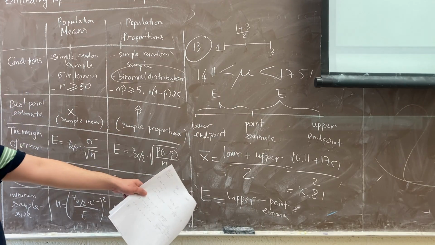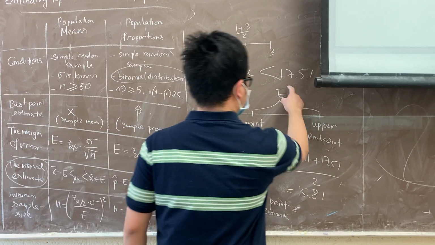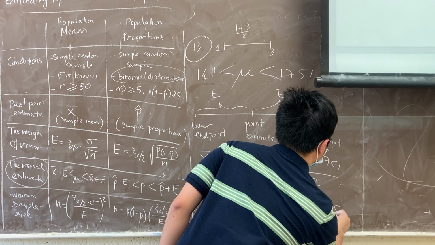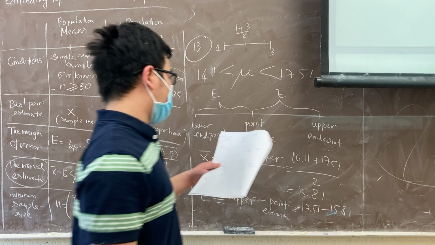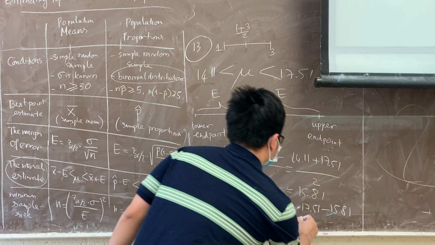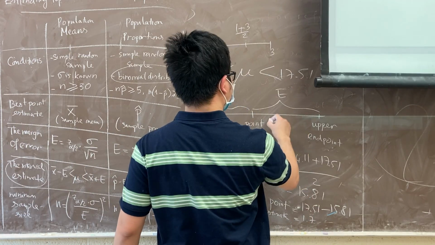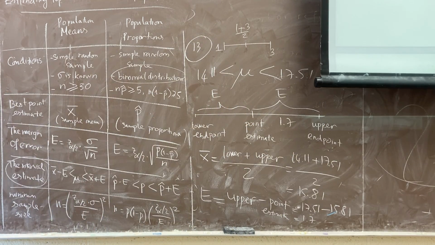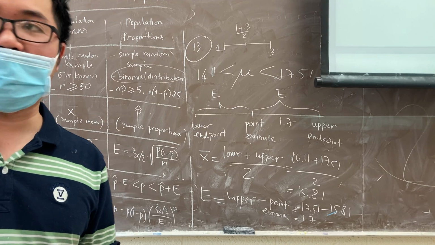So the upper here is 17.51 minus this value, so the margin of error will be 1.7. So the distance here is 1.7. Is it clear, guys? That is the way to find the margin of error when you know the lower end point and the upper end point.